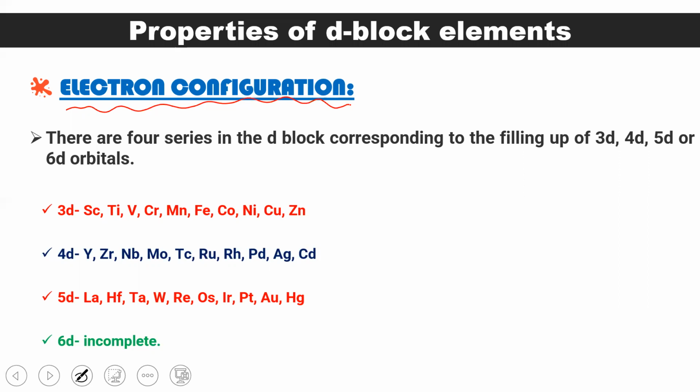The D block elements are majorly divided into the 3d series, 4d series, 5d series and the 6d series. The 6d series is an incomplete series.